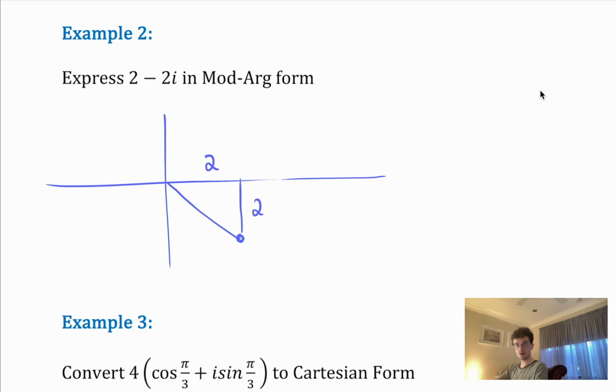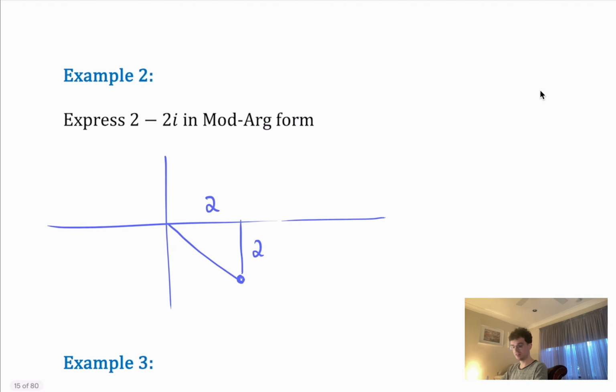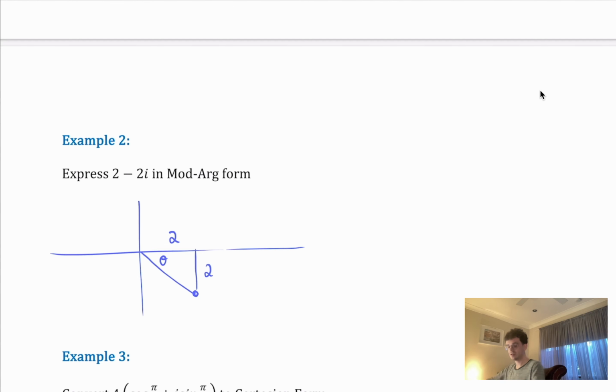And if we add in our argument, we've got our theta. And theta, of course, is going to be tan inverse of 2 on 2, which is the same as tan inverse of 1, which is pi on 4. But since it's in the fourth quadrant, we could say that this is negative pi on 4, or 7 pi on 4, if you would like.